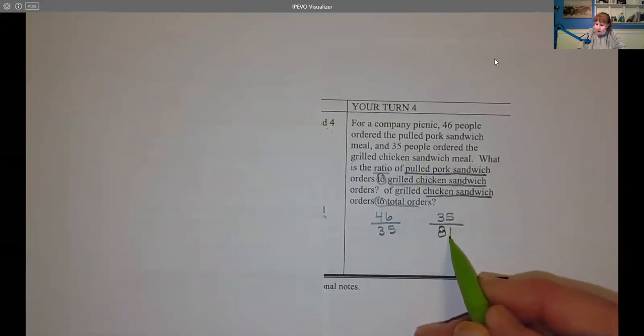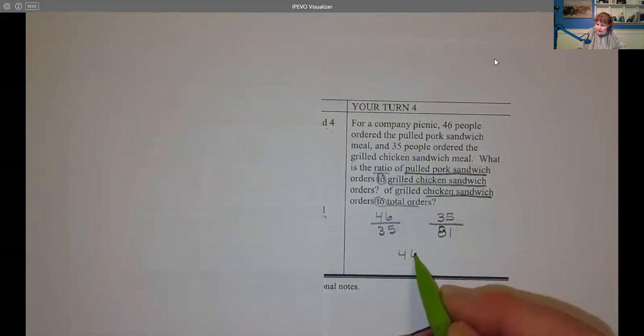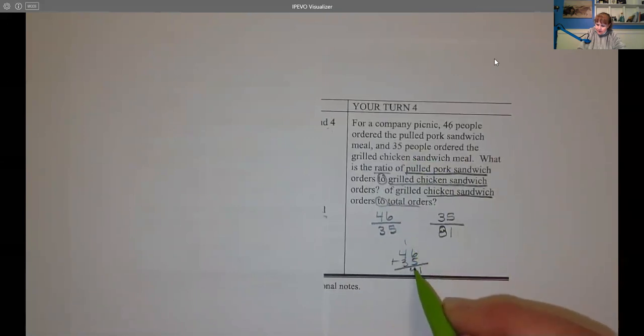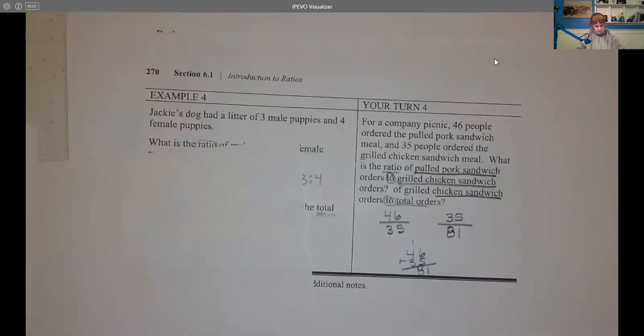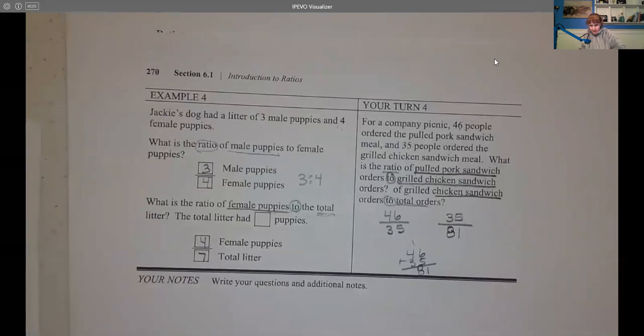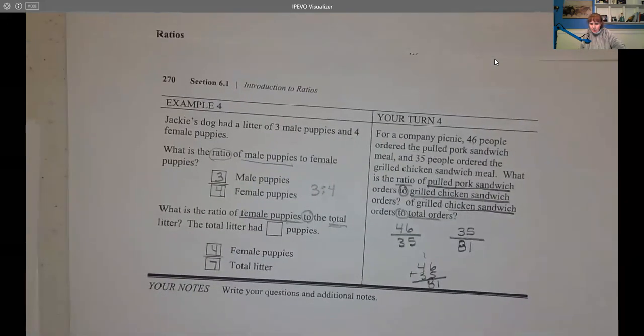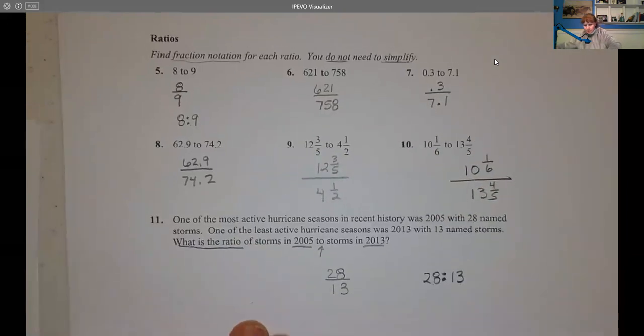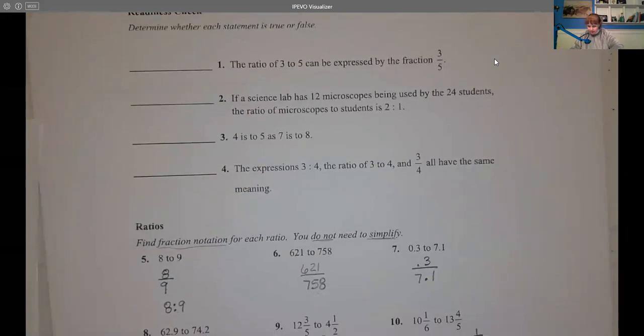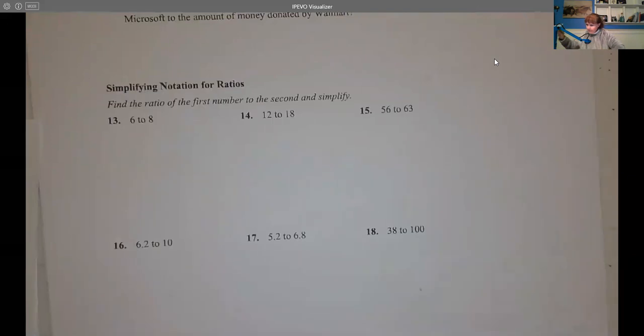I got 81 by taking 46 plus 35. And you get 81. So we had to add them to find the total in order to find the ratio they wanted us to have. Okay, great. Let's move on to our next section. No, sorry, not next section. We're still on 6.1. I wanted to do one more page of 6.1.